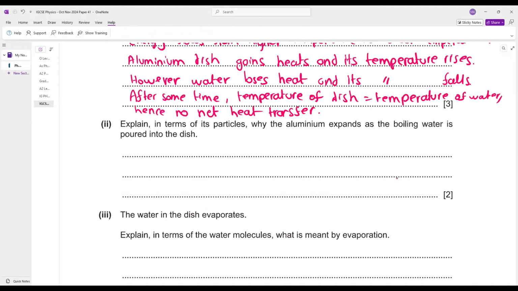Explain in terms of particles why aluminum expands as the boiling water is poured into the dish. Aluminum क्यों expand करता है as boiling water is poured into the dish? You will say the molecules or particles of aluminum gain kinetic energy.